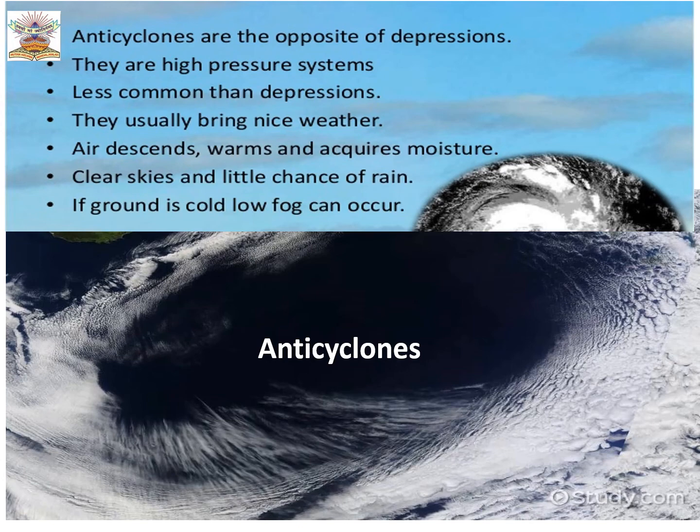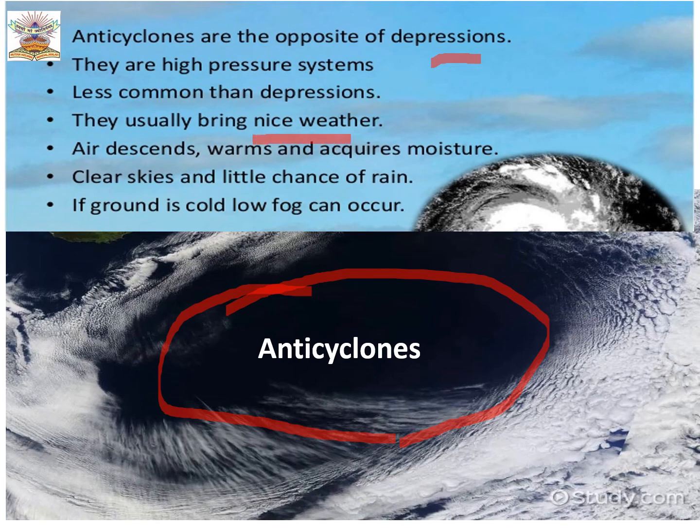But anticyclones are the opposite of depressions. We have seen they are in an area of high atmospheric pressure where the air is sinking. In summer, the anticyclones bring dry, hot weather, and in winter, nice cold nights. They usually bring nice weather. Okay, we have seen that in cyclonic winds the skies are very cloudy, but here there are clear skies and little chance of rainfall, whereas in cyclones there was a lot of destruction, heavy rainfall and cloudy skies.